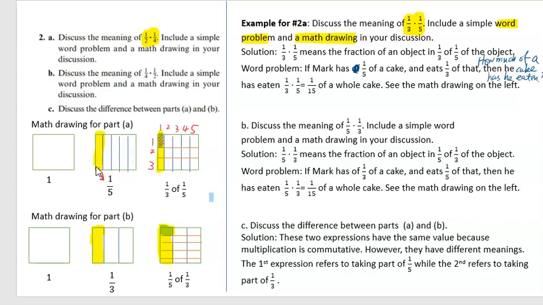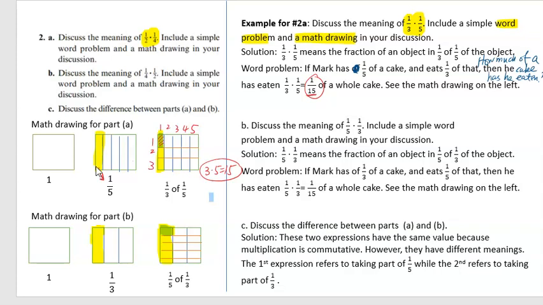Now notice we have 3 times 5, a total of 15 parts, but Mark only ate this one part. Each of the tiny pieces has the same size. So that's why you can say Mark has eaten 1 out of 15. Again, why is it one?